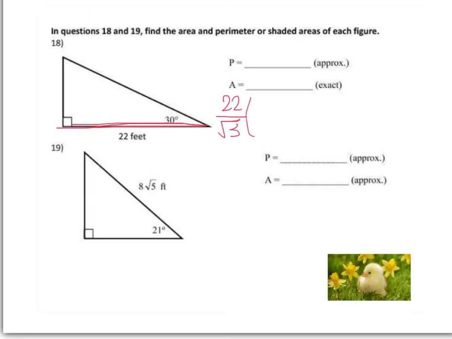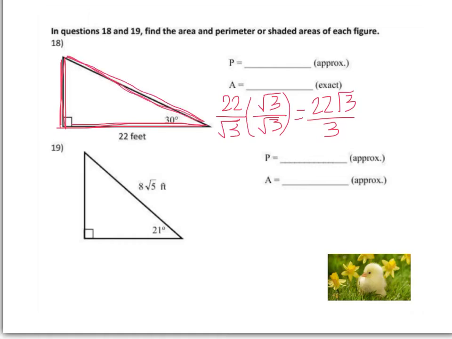So if I rationalize that, my hand keeps hitting the bottom of that screen there, sorry about that. I'm going to multiply by root 3 over root 3, which gives me 22 root 3 over 3. So that's my height, basically, of this triangle. And then to get the hypotenuse, I'm basically just going to double that.